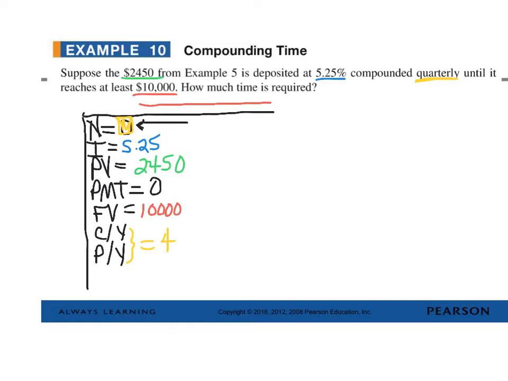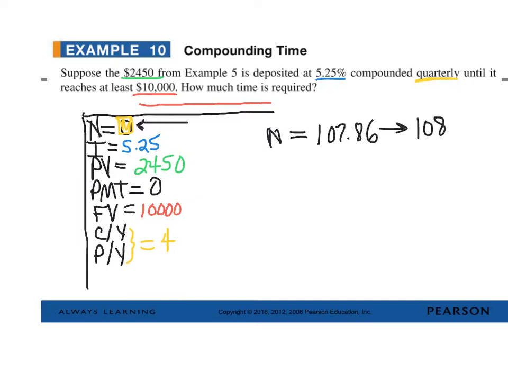Alpha Solve gives you a value of n, which is 107.86, which we will have to round up to 108.